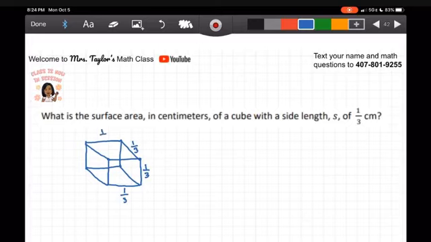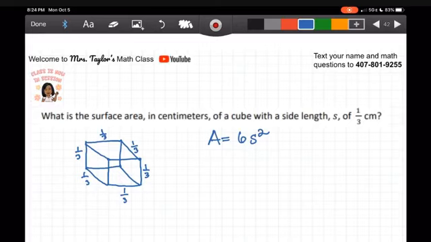Okay? And the rest of them all too. I just can't get in there. So what we're going to do is, how do you find the surface area of a cube? Well, this is going to be A, area equals 6 times side squared. Alright?